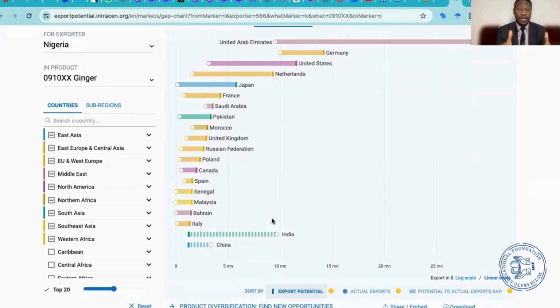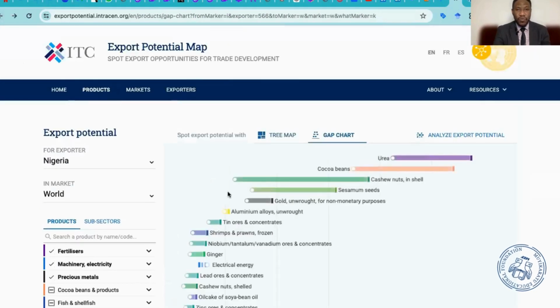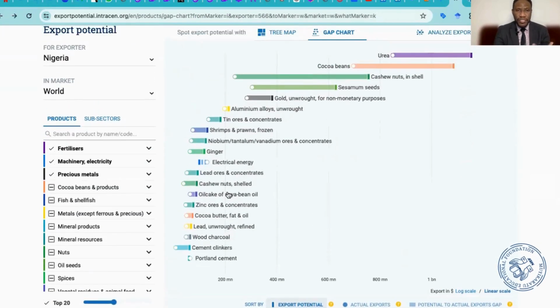All these countries are ready and willing to buy ginger from Nigeria. And we can do a lot to improve the potential that we have of ginger exportation. I believe in that.